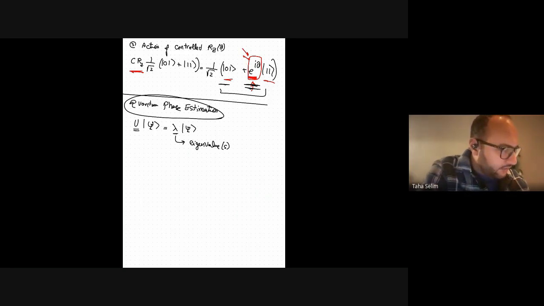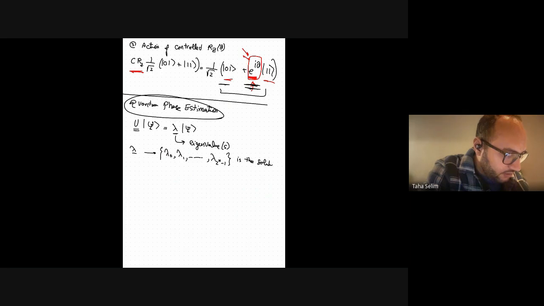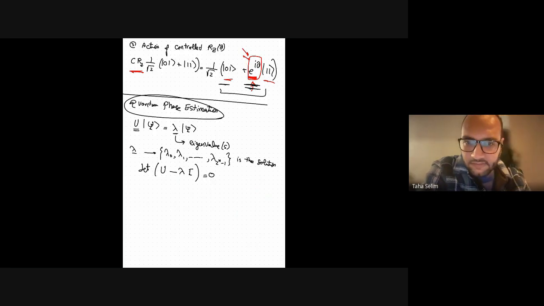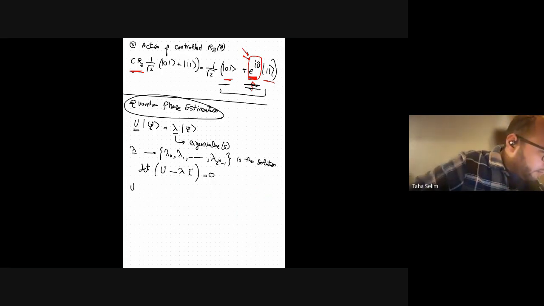These eigenvalues are actually the solution of the characteristic equation, which is the determinant of U minus lambda I equals zero. And U here is a unitary operator.